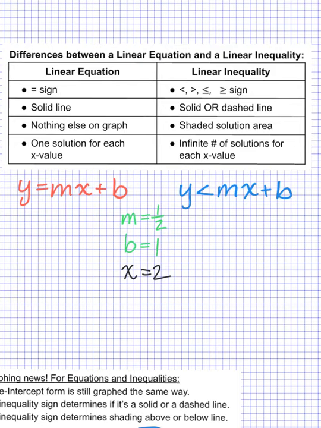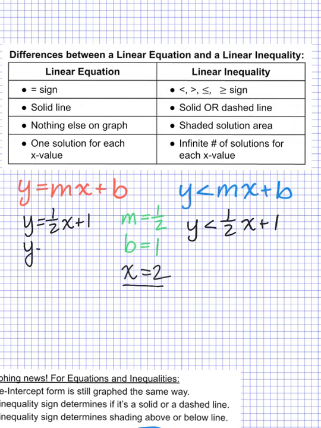For a linear equation, I would write this as y equals 1/2 x plus 1. And as a linear inequality, I would write it as y is less than 1/2 x plus 1. So they have the same slope and the same y-intercept, and we're going to evaluate at this point.